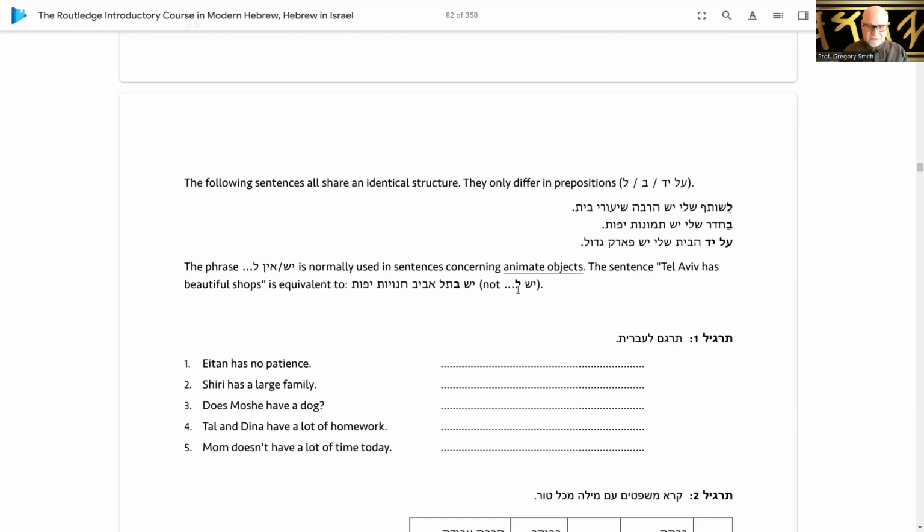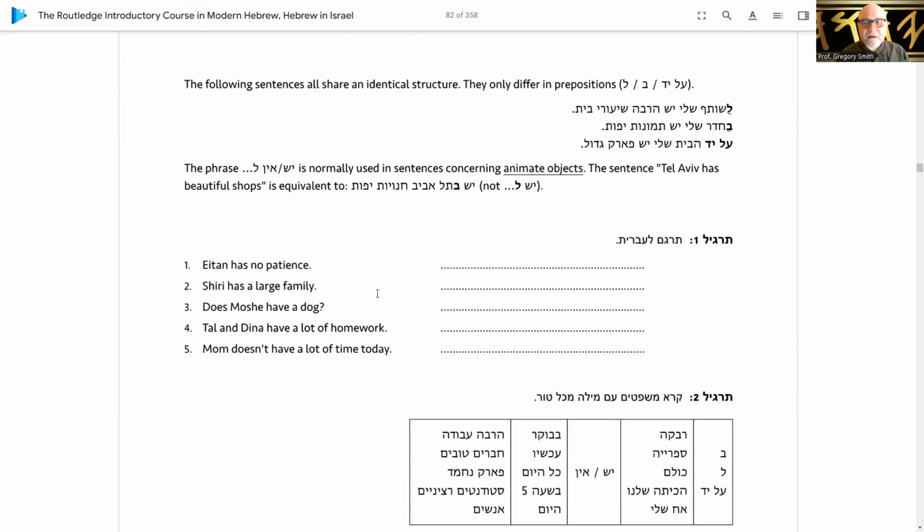So really, this Yesh Lamed is only reserved for animate, like a person, or if you were to say my dog has a collar, probably would be using the Yesh Lamed too, potentially.